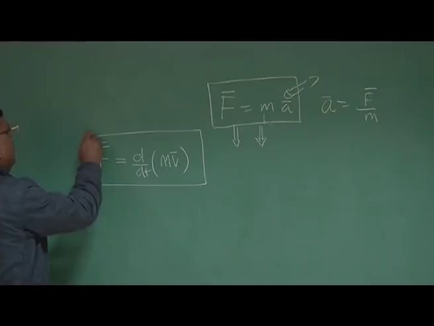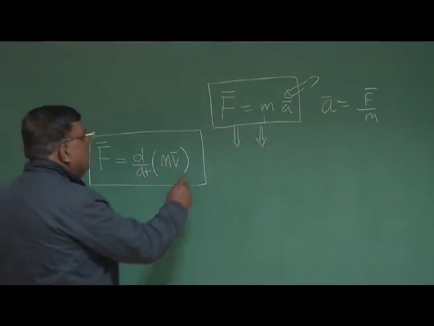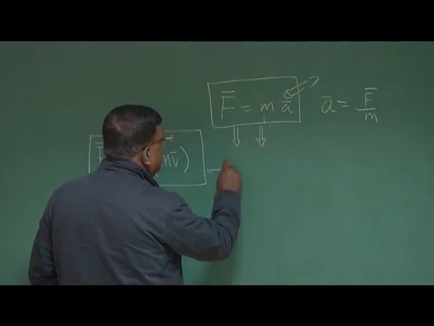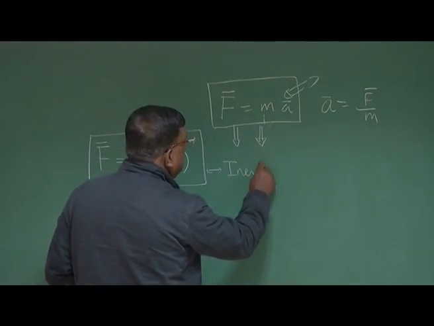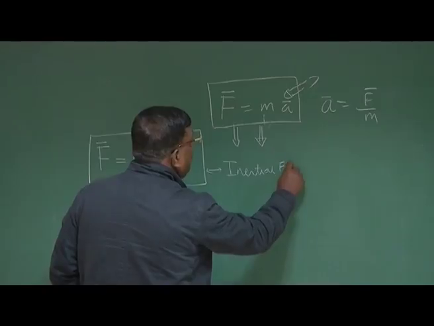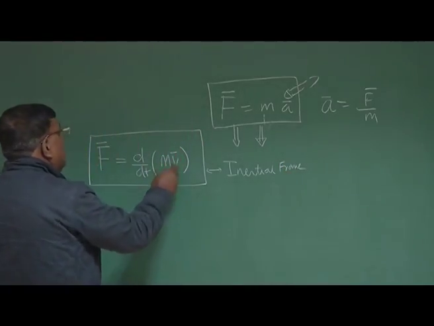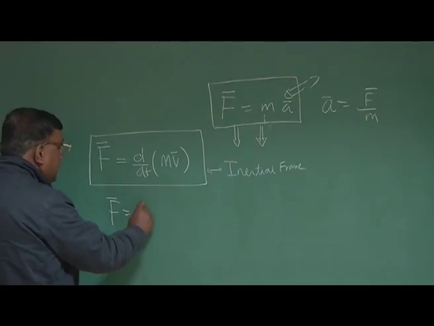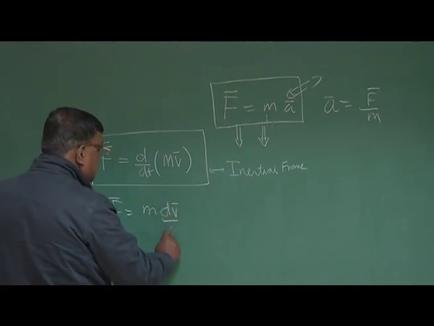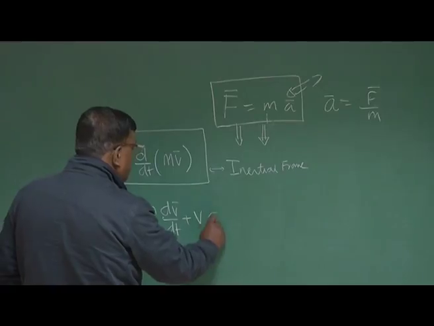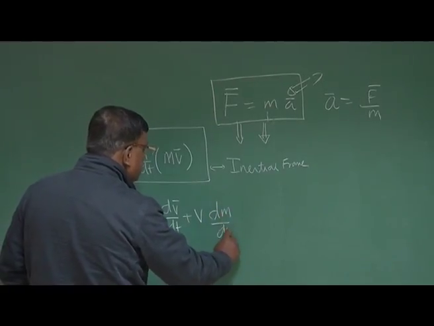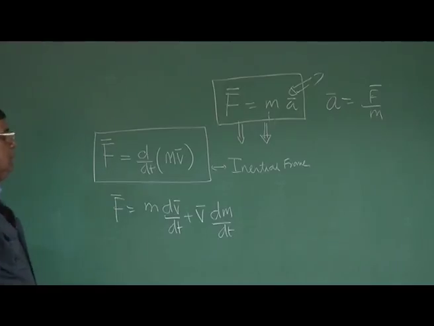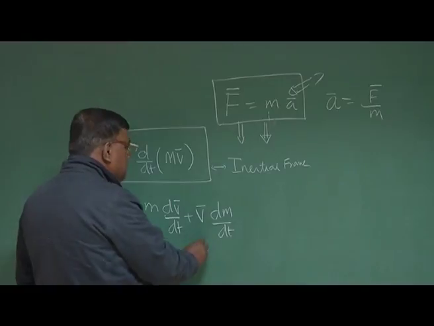Now if I take a closer look, as far as Newton's laws of motion are concerned, this should be in reference to an inertial frame. That is, whatever derivative we are taking should be with respect to the inertial frame. Now if I expand this, what do I get? I get m dv by dt plus v dm by dt. For most of the cases we are dealing with, we will assume this part to be 0.